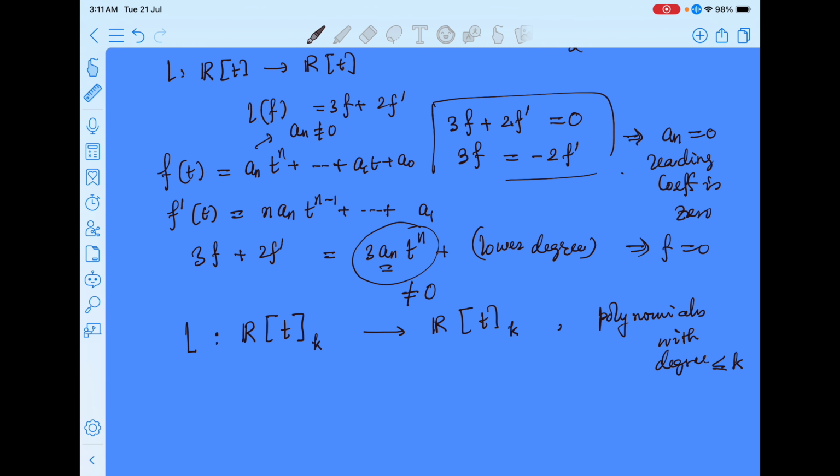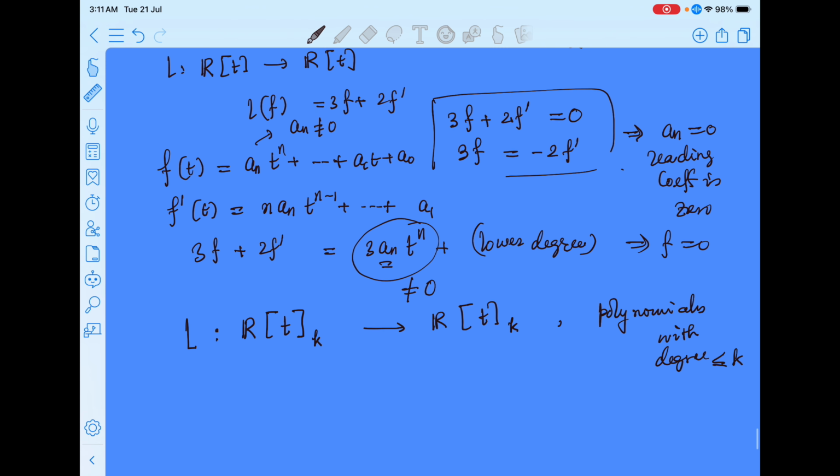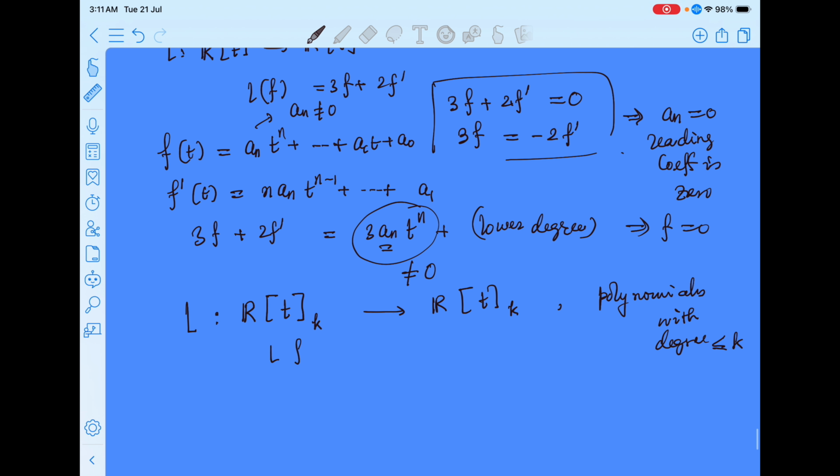So this is perfectly mapping R[t]_k to R[t]_k, right? Because if you choose an element from R[t]_k, a polynomial with degree less than or equal to k, then 3f + 2f' is also in it.